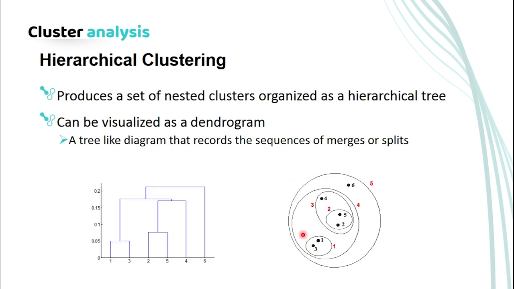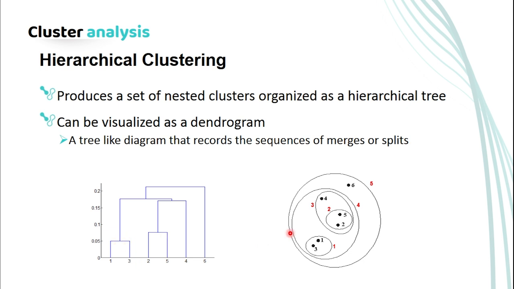So here we must define the number of clusters corresponding to which data set. Here we have data points 1 and 3, and we consider 1 and 3 as one cluster. So we can merge these two points into one point here.